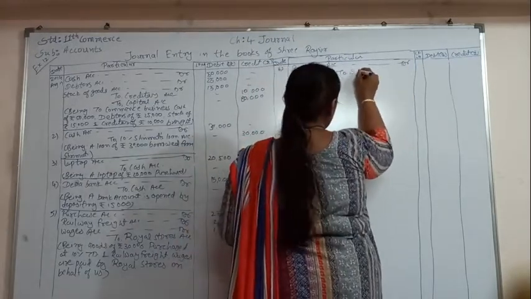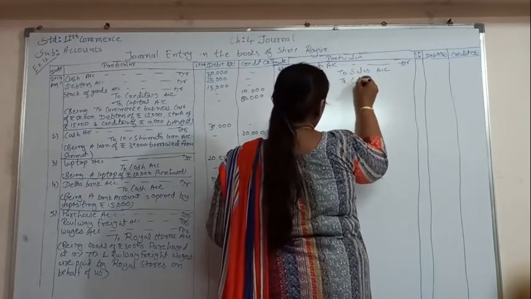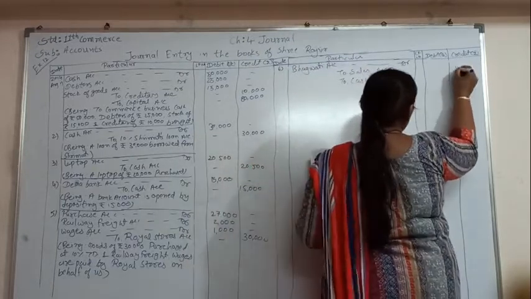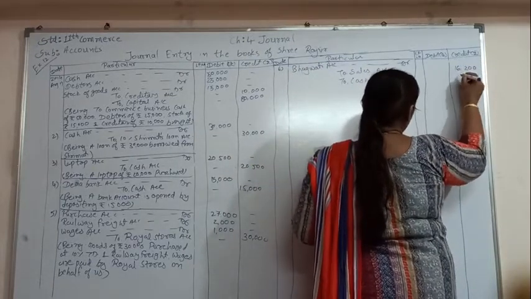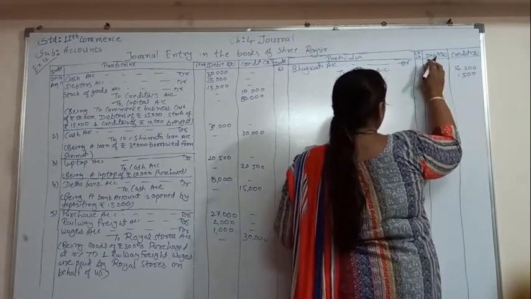Sales account to cash account. So here we have sold the goods of rupees 16,200, and on behalf of them we have paid 1,500 expenses.